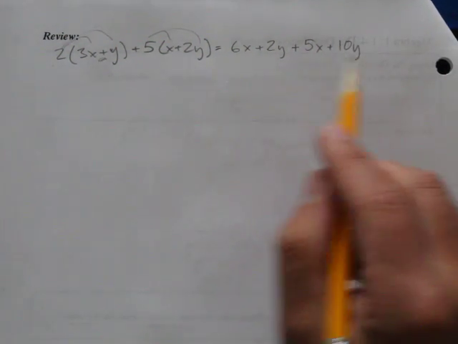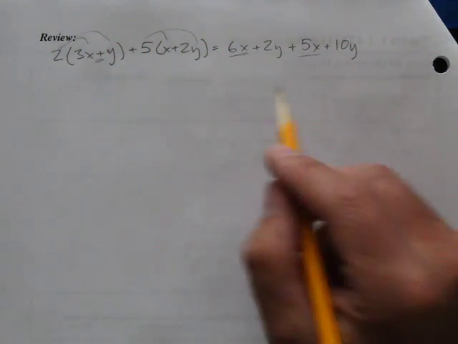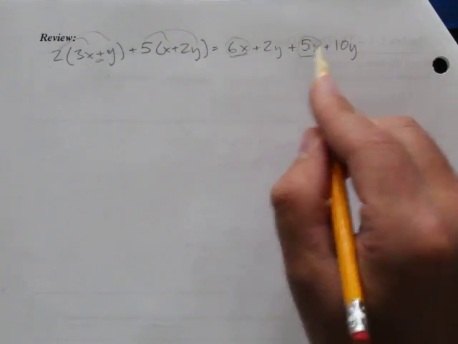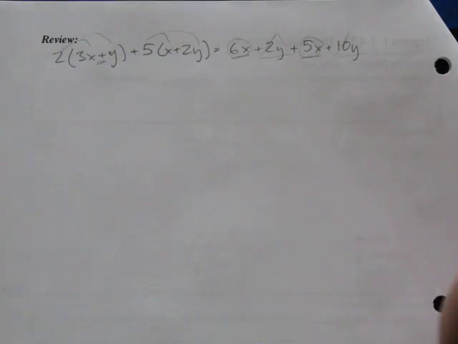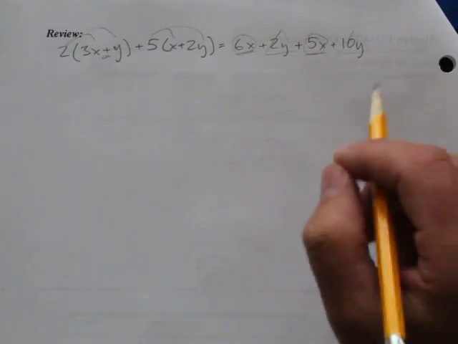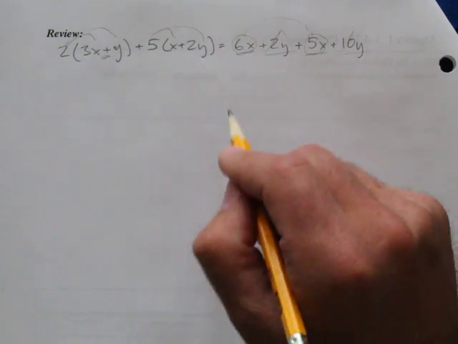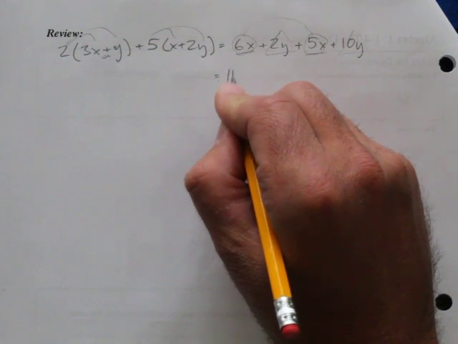Now I'm looking at this and I see I have some terms that are like terms. Sometimes I'll circle these like terms, and then I'll maybe take a triangle or something to do the other like terms, and we'll see that more as the chapter progresses. But I can see that this 6x and this 5x are like terms. 6x plus 5x is 11x.